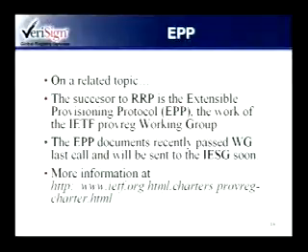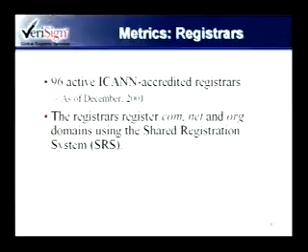This has come out of the ProvReg IETF working group. The EPP documents that passed working group last call are going to the IESG soon, and more information is available on the ProvReg charter page. So those are the changes. Nothing earth-shattering, but significant enough that we wanted to let a room full of operators know about them.